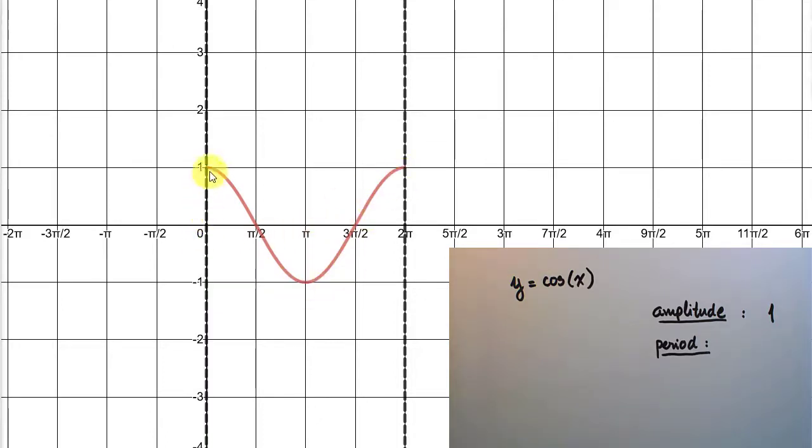The total length from the start to the end of your period interval, that's the period. This interval is a 2 pi length, so the period for your cosine function is 2 pi.